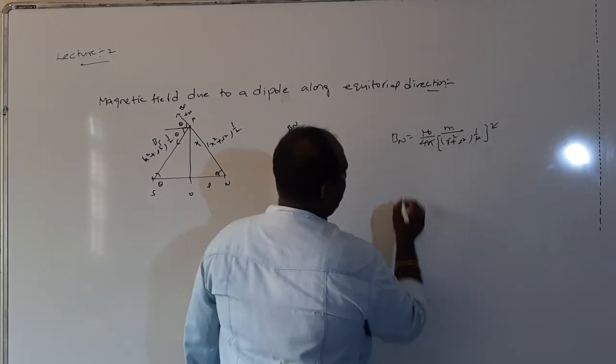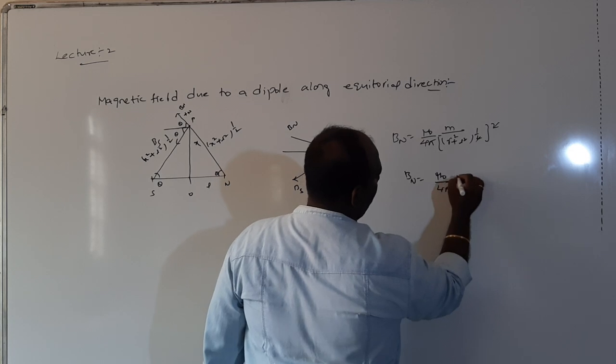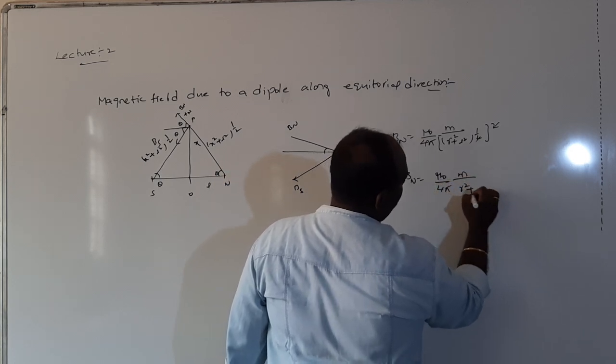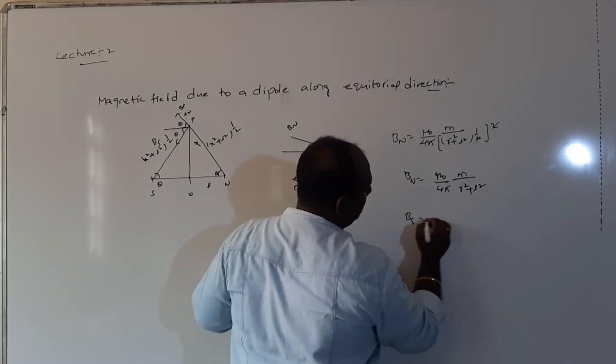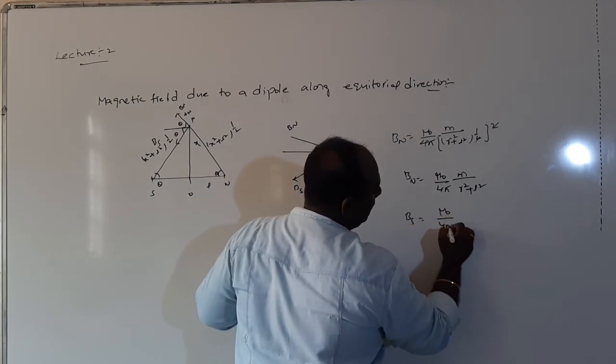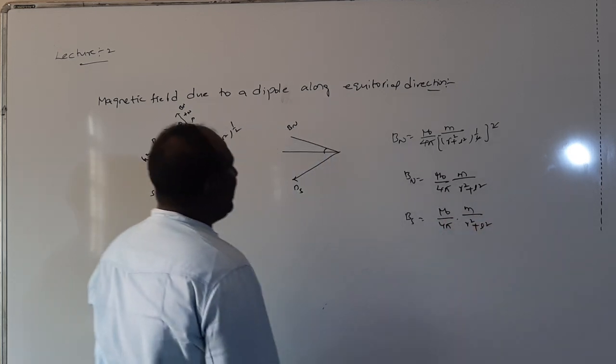These two get cancelled. So, finally Bn is equal to mu naught by 4 pi, m by (r square plus L square). In the same manner, Bs is also mu naught by 4 pi, m by (r square plus L square). So, magnitude wise both are the same.